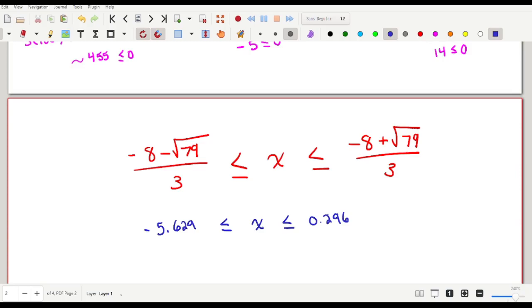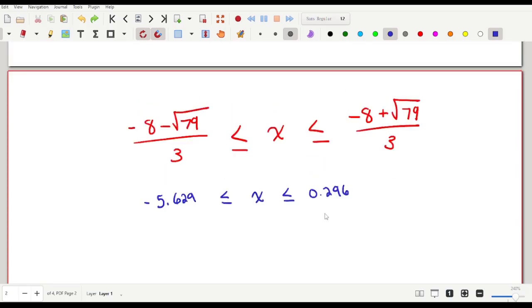All right, and so this would be the answer, I guess, in set builder notation: x is a member of this. I don't quite remember set builder notation, but it depends on what your test or your homework is asking you to do. It might ask you to put it this way. It may ask you to do it in interval notation.